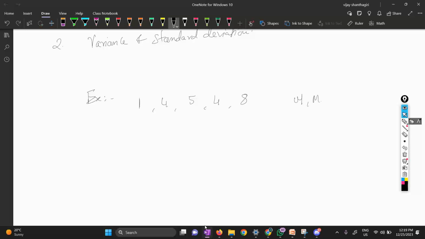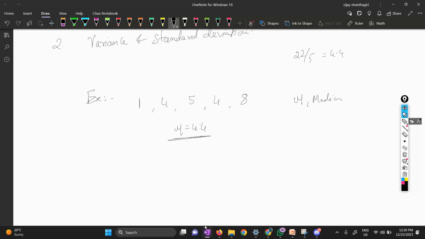You can find the median of this. But when you find the mean of this, go ahead and find the mean: 5, 5, 10, 14, 14, that is 22 by 5, which is 4.4. What does it signify?